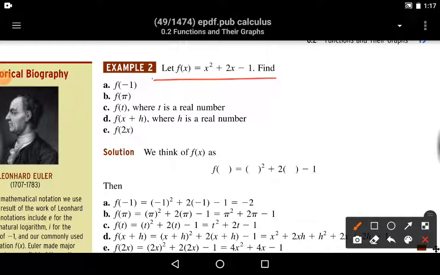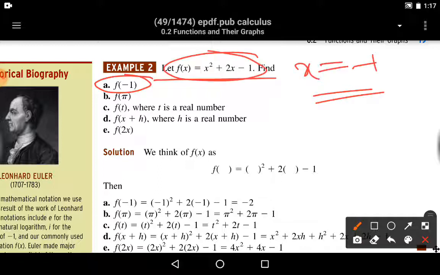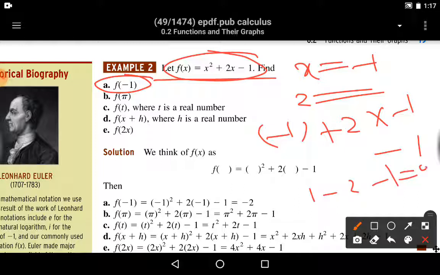How can we find f(-1)? We replace x by minus 1 in this function, that is (-1) whole square plus 2 into (-1) minus 1, which equals 1 minus 2 minus 1. Here, 1 minus 2 minus 1 gives minus 2, not 0. It is minus 2.